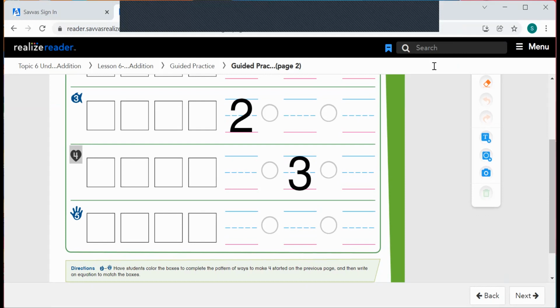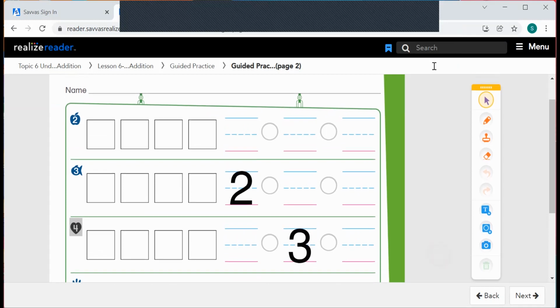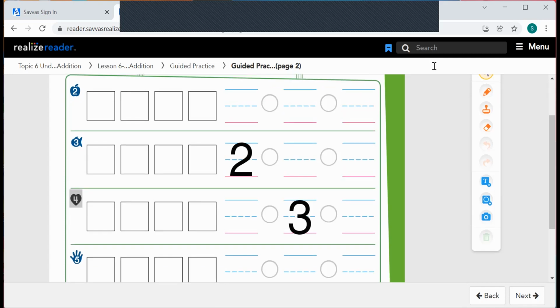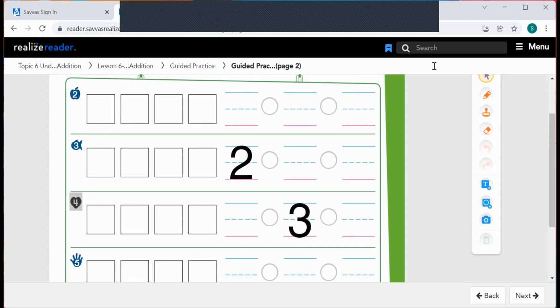Then you're going to write an equation to match the boxes. So on the first page, remember, we had 4 boxes colored in and 0 that were not colored in. Now we want to continue our pattern. So they're showing you some numbers here. You're just going to fill in the numbers on number 3 and 4. And we're going to continue this pattern.